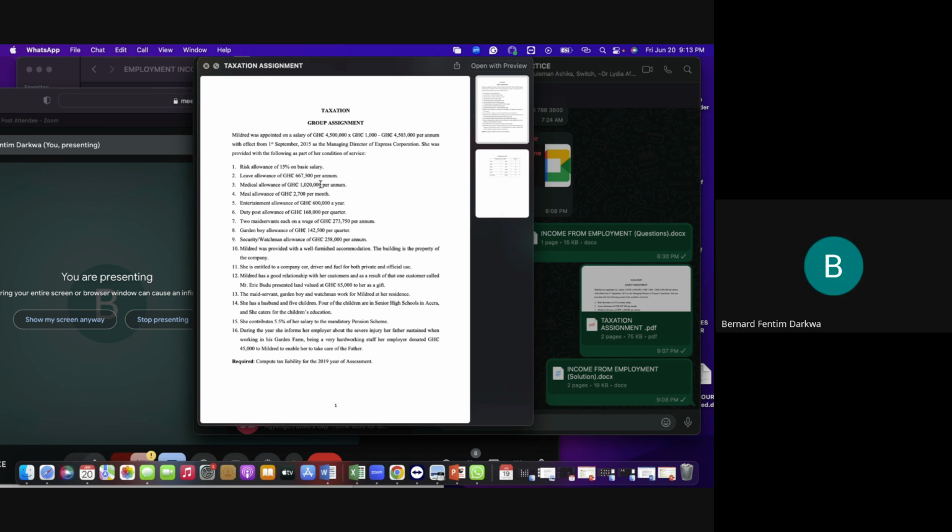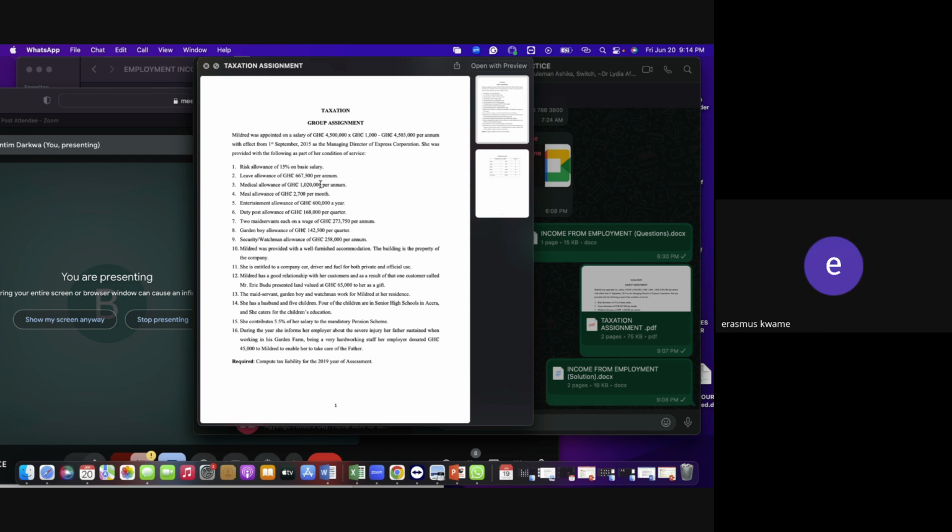12. She's entitled to a company car, driver, and fuel for both private and official use. Mildred has a good relationship with her customers. As a result, one customer called Mr. Eric Budu presented land valued at 65,000 Ghana cedis to her as a gift.